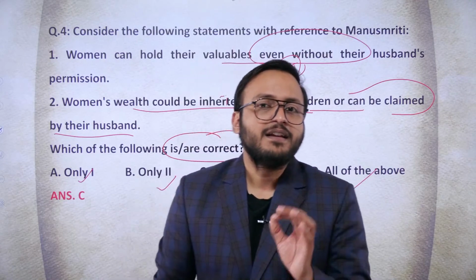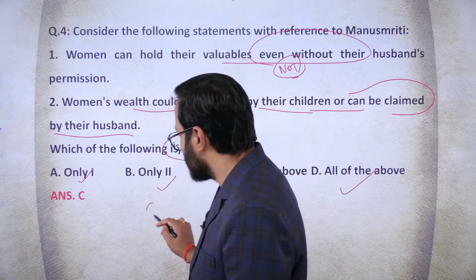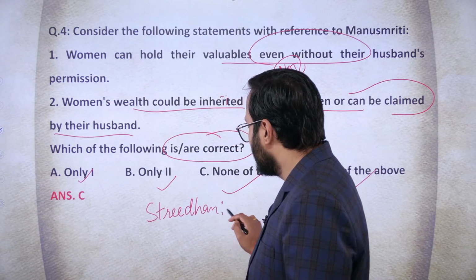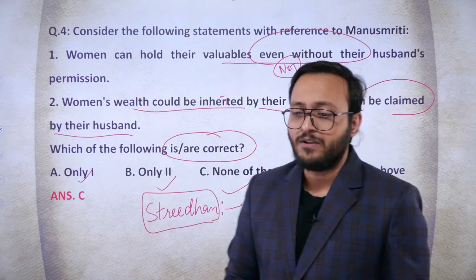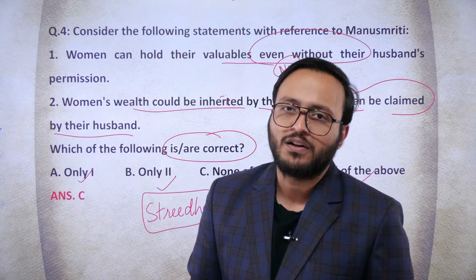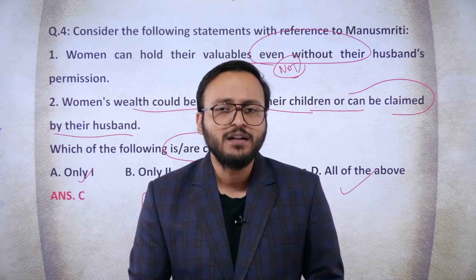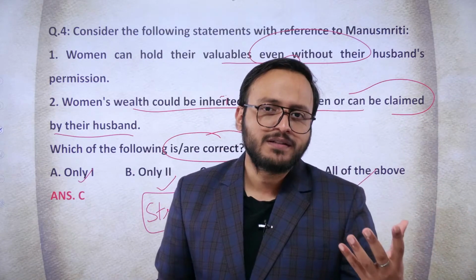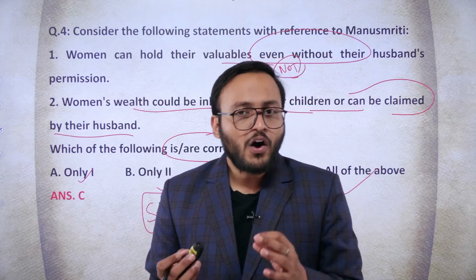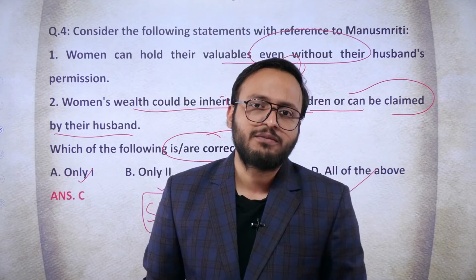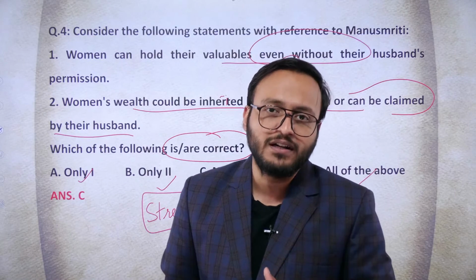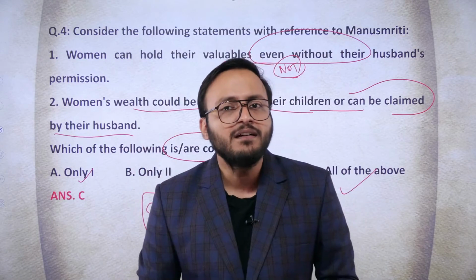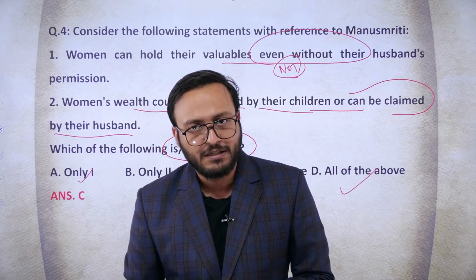Is it making sense? See, there was a concept called Stridhan. The Stridhan was basically the property or the wealth or the gifts which were given to the woman by the family members during the wedding ceremony, or during other times whenever there was an occasion and the woman used to receive gifts, etc. However, the Stridhan specifically indicated the gifts received during the wedding ceremony.